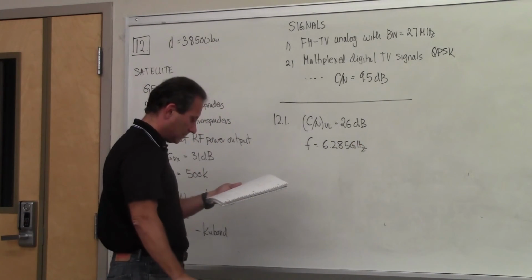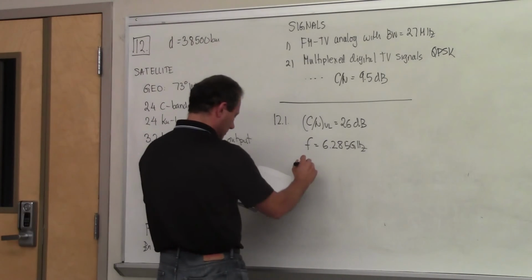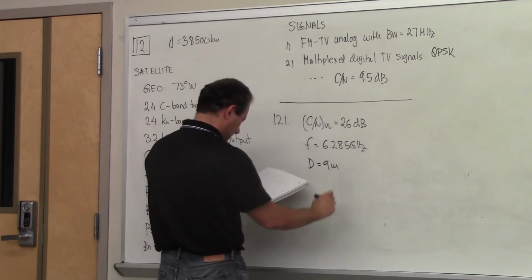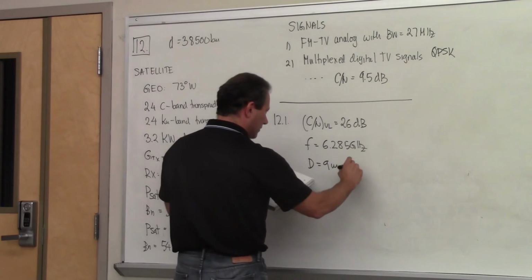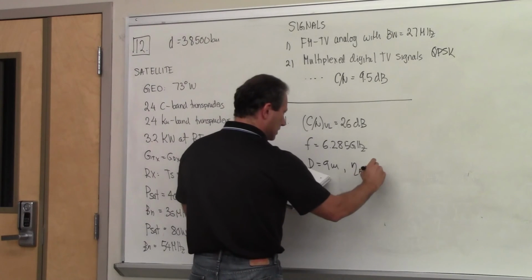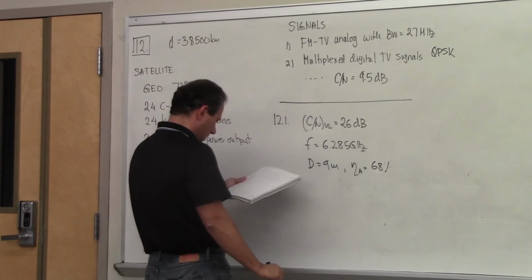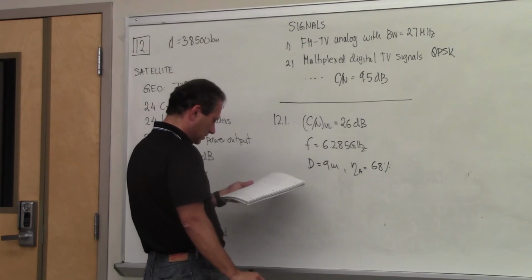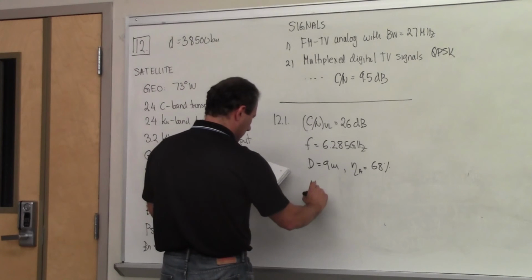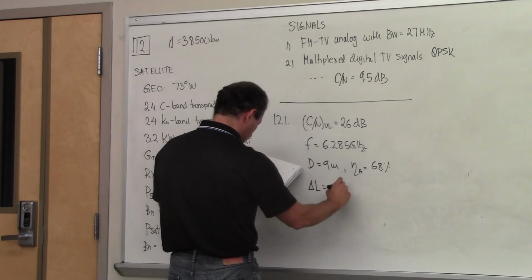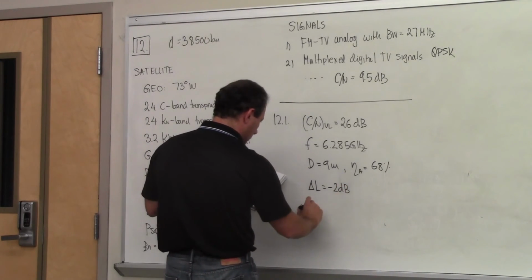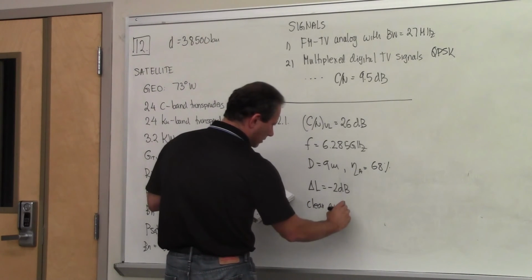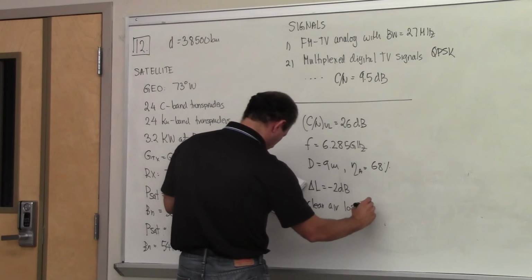Use the uplink antenna with diameter of 9 meters and aperture efficiency of 68%, and find the uplink transmitter power to achieve the required C/N. The uplink station is located at delta L of minus 2 dB. Allow the clear air loss of 0.5 dB.